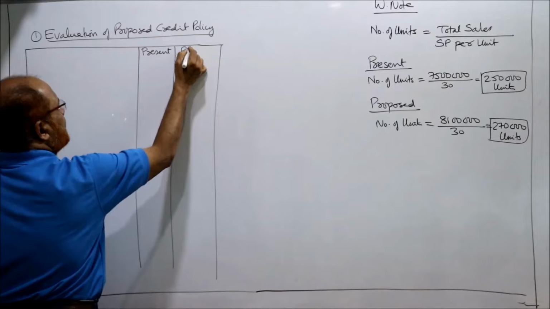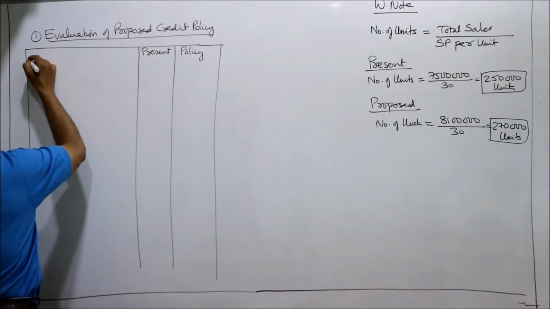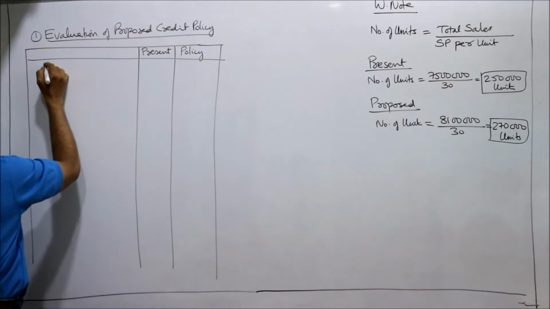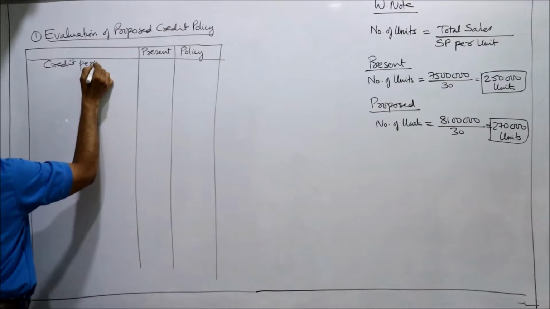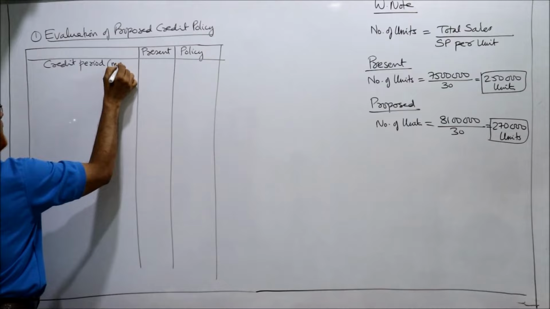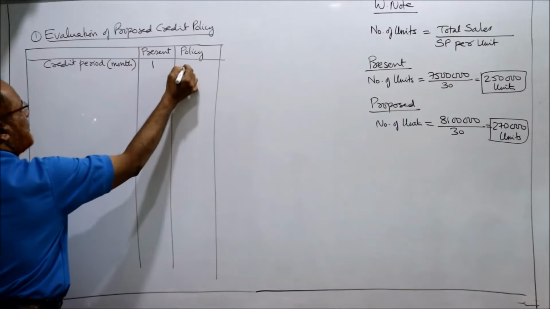Present policy, proposed policy. In the present policy, credit period is given in months, 1 month, 2 months.